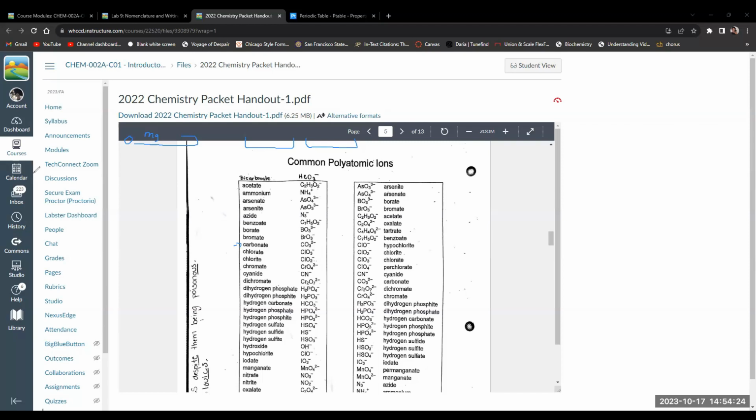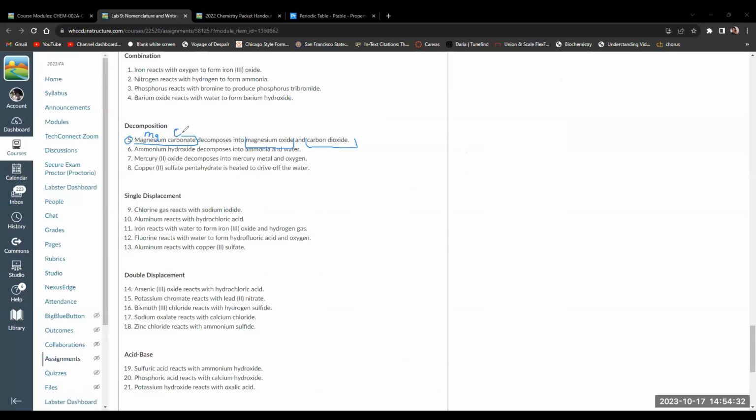So CO3 2 negative. Magnesium oxide. You should know by now that oxide is an oxygen. Carbon dioxide.